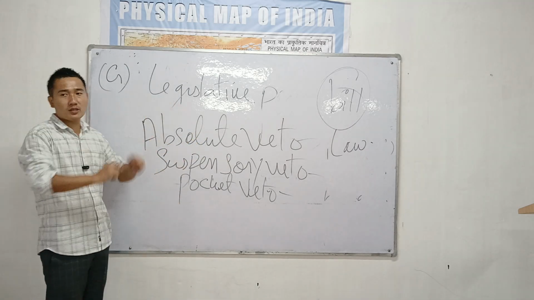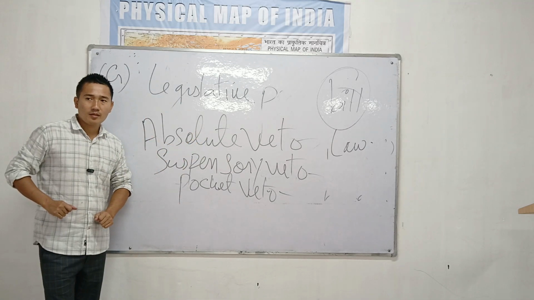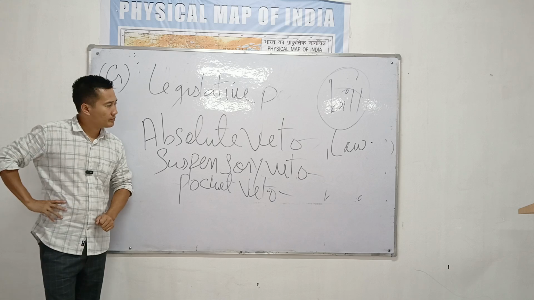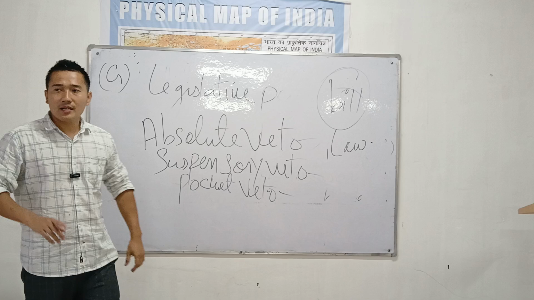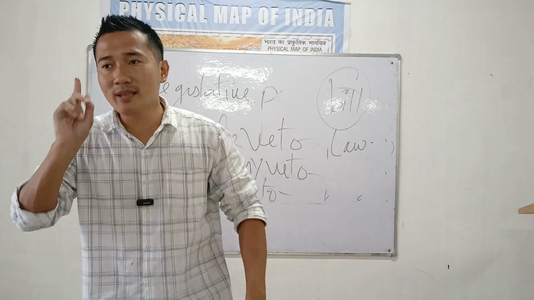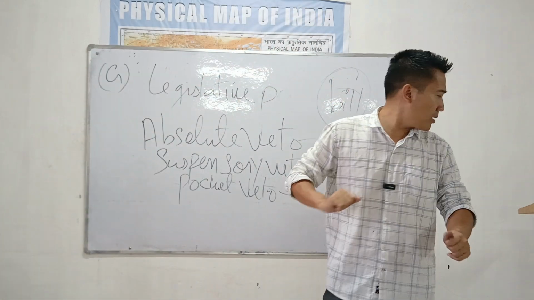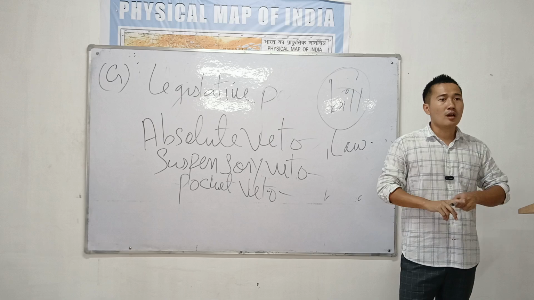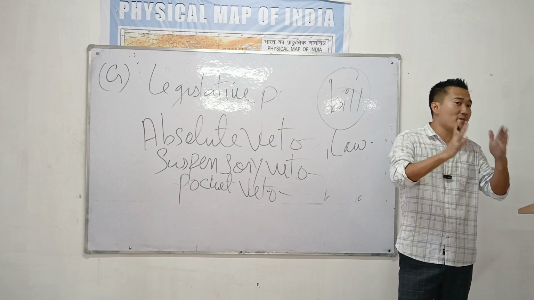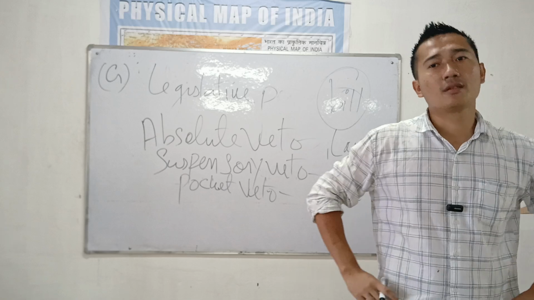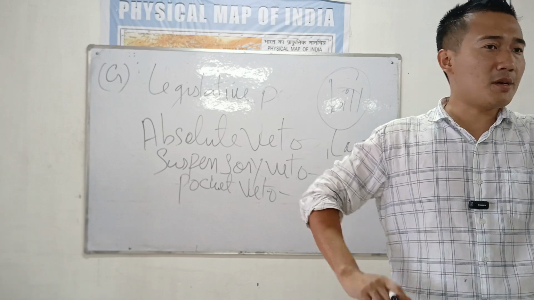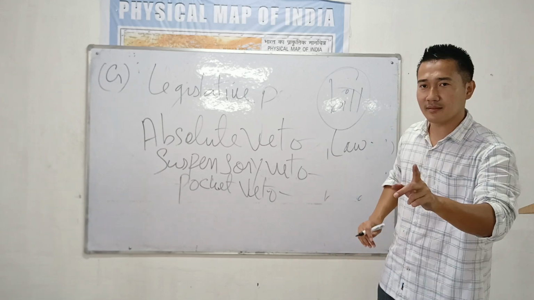Under the legislative powers of the President of India, absolute veto means the President says, no, I will not sign this bill. That is known as absolute veto. When both Lok Sabha and Rajya Sabha pass a bill and give it to the President for signature, the President says, no, I will not sign.